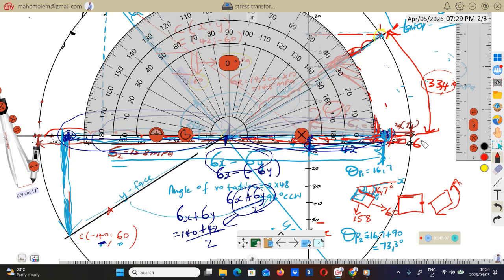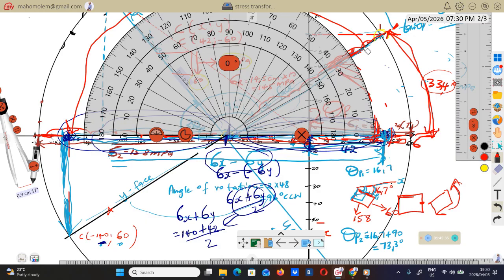This one here, this side, and this one. Even here, the shear stress is 0. So it's either you rotate this black line to here by 33, or you rotate that black line in a clockwise direction to this side. So we'll have two options.